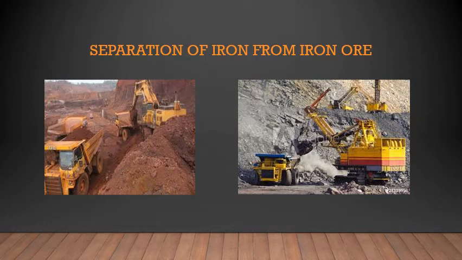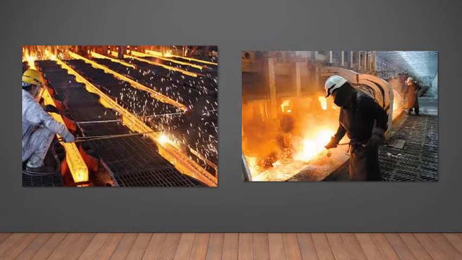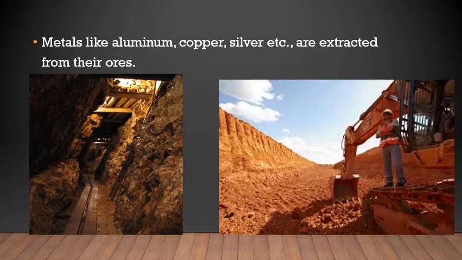From iron ore we can only extract iron, and from gold ore we can extract gold only. They are available deep inside the earth. In the factory process the iron undergoes extraction, which requires a lot of heat and energy. So now here is the example.